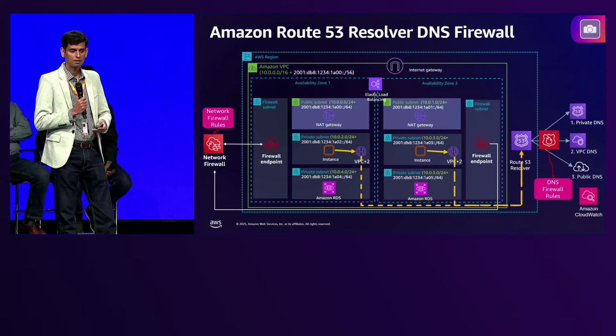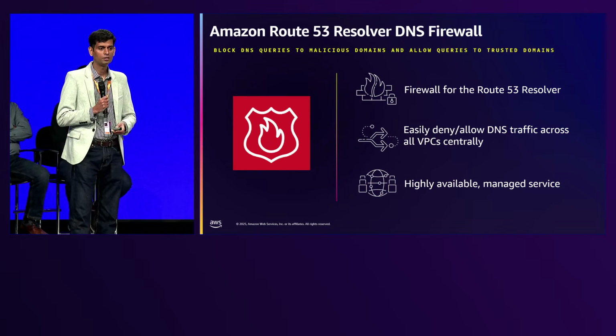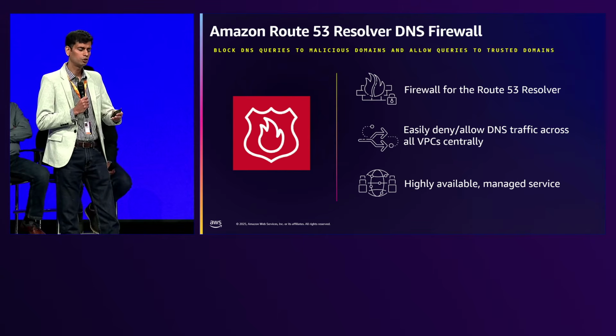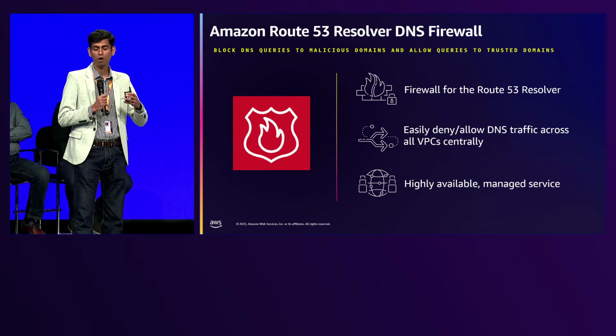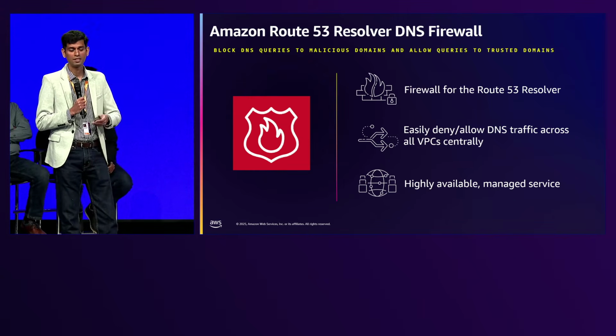In essence, Route 53 Resolver DNS Firewall is a fully managed, highly available service that integrates natively with the Route 53 Resolver. It gives you a way to centrally manage block lists, to block DNS queries to malicious domains, and create allow lists for trusted domains.